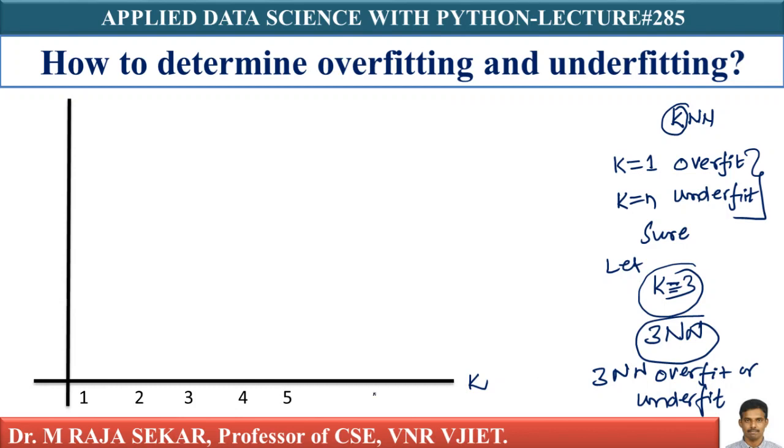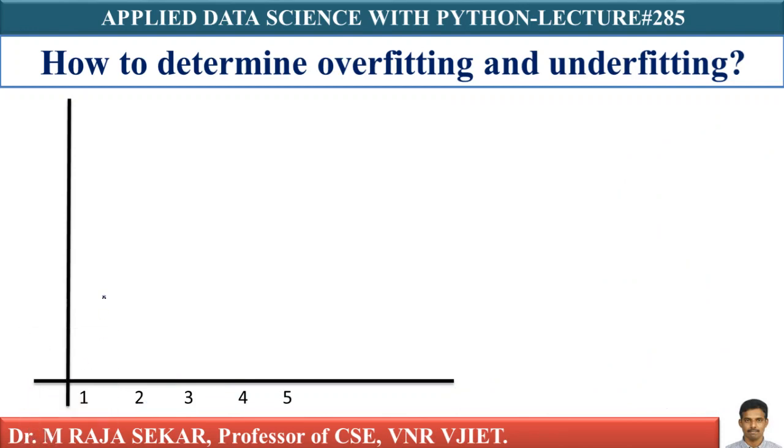I have values of k: k equal to 1, 2, 3, 4, and so on till k equal to n. The k value varies from 1 to n. On the x-axis I have k values, and on the y-axis I have error.